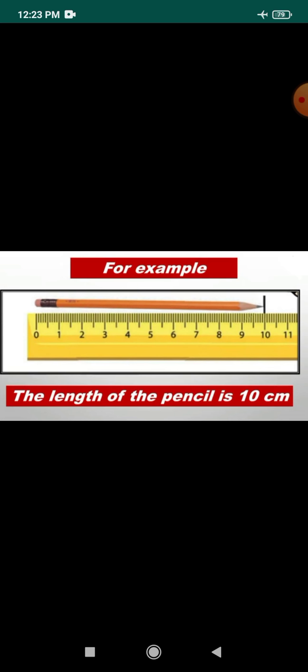Now we are going to measure the length of this pencil with the help of the scale. Let's see how to measure a pencil.